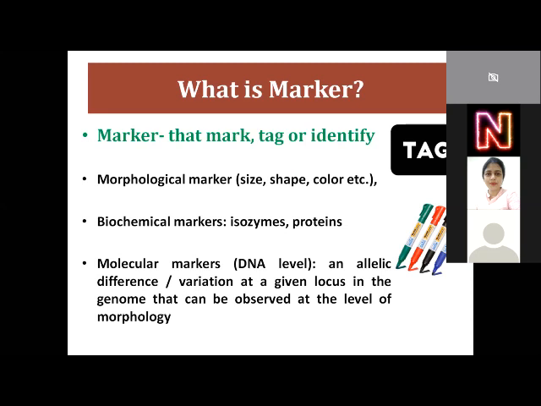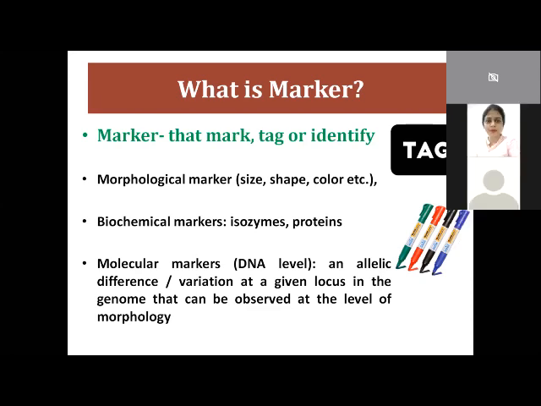Out of 25 students, 24 students were in uniform, and one student came with an odd color of shirt, suppose a red color shirt, because that is not the color of our uniform. The entire class is in a blue color shirt, and one student comes with a red color shirt. If we use that red color as a mark or a tag to identify the student who is not in the uniform, that is a marker.